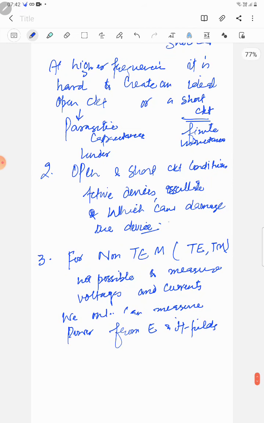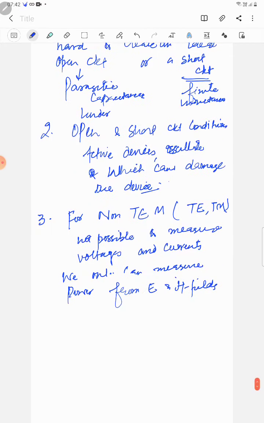So for non-TEM modes, it is not possible for us to measure currents. Rather, we measure the power from electric and magnetic fields. So even if we try to find Z parameters, it would be rather impossible for us to measure Z parameters, as we are not able to measure currents for non-TEM modes.